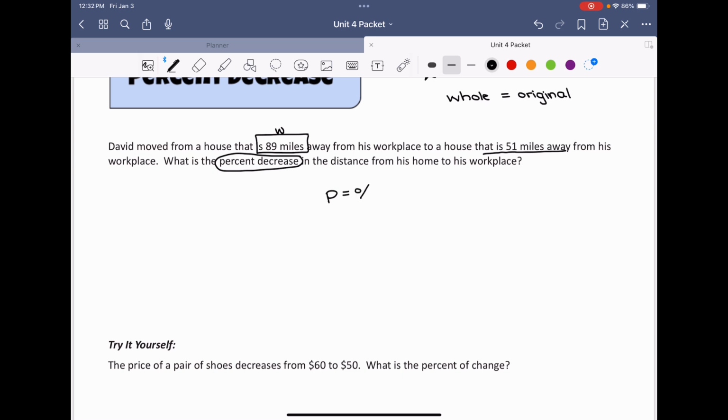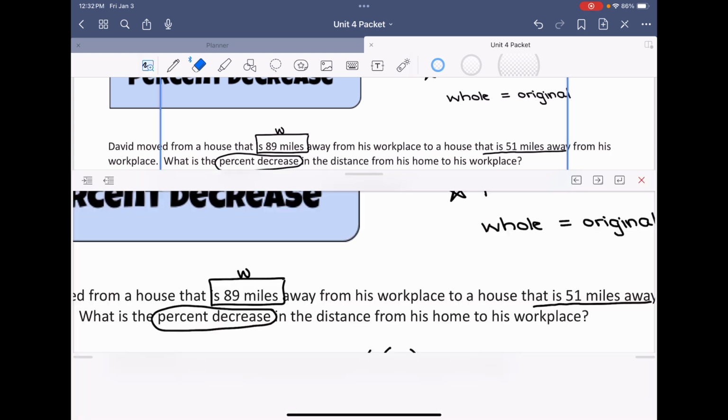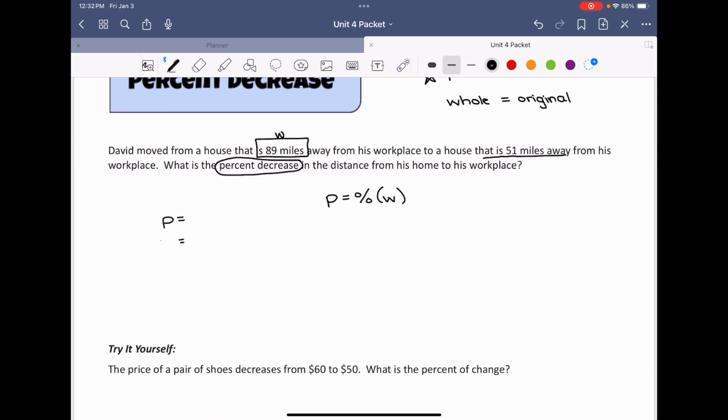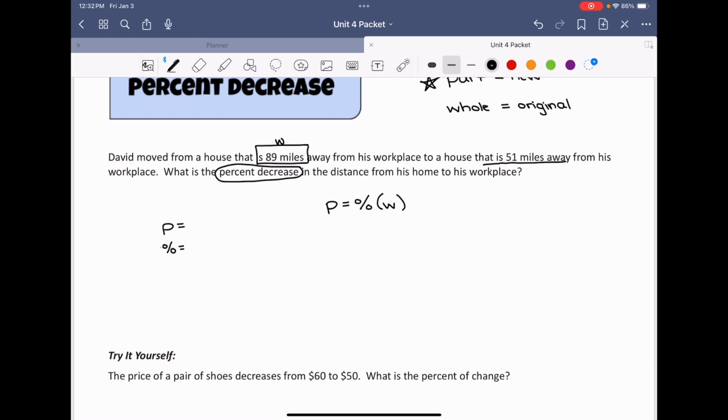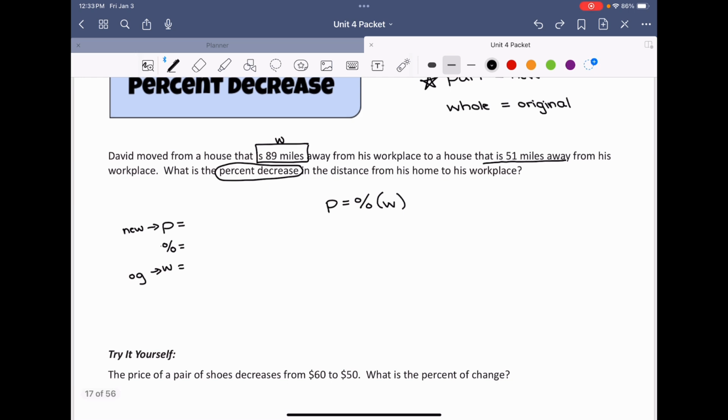Part equals percent times whole. And set up our cheat sheet. Percent. Part is the new. Whole is the original. And we've got 51 and 89 and x for our percent.